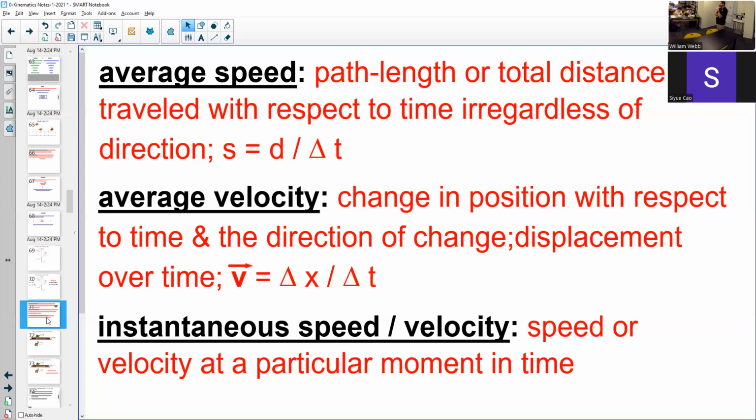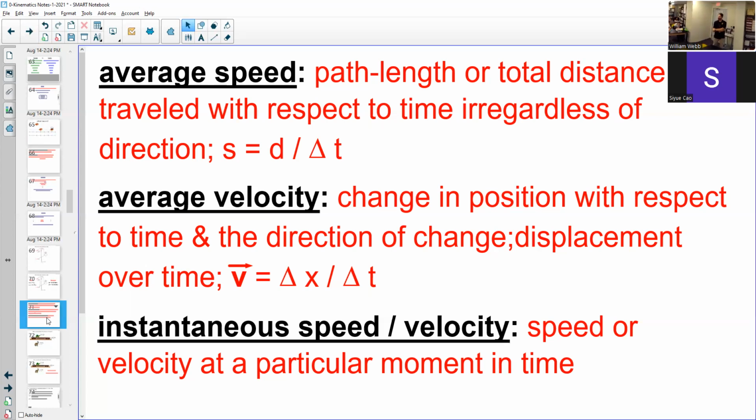Most likely they would be equivalent, because if you're looking at an instant, the direction is not changing. So magnitude-wise, they would be the same. The only difference is if you're calling it speed, you just give the numeric value. If you're calling it velocity, then you say in what direction it was moving. But numerically, they would be the same in an instant.